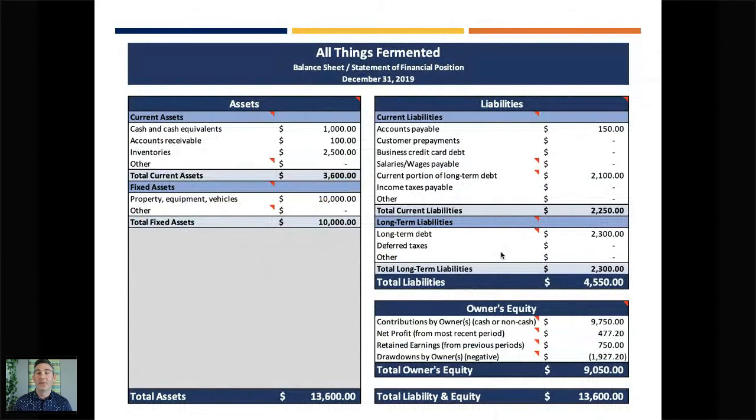So we just wanted to do it in a way that sort of aligns with the actual equation. It also fits on the page, which is convenient, but more often than not, you're going to see assets, liabilities underneath, and owner's equity underneath that, just one single column. So I'm going to ask questions, and then I'm going to bring this balance sheet back to you so you don't have to memorize it or anything.